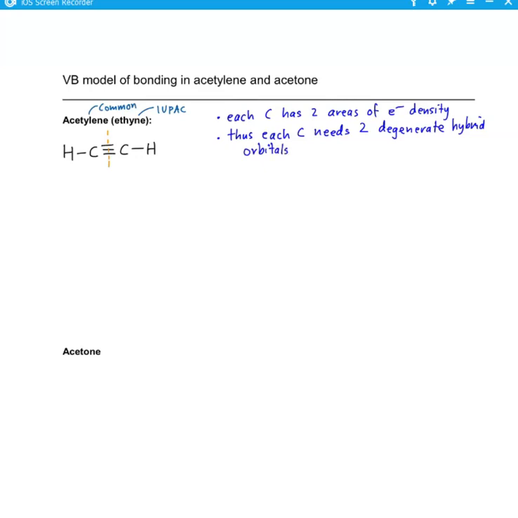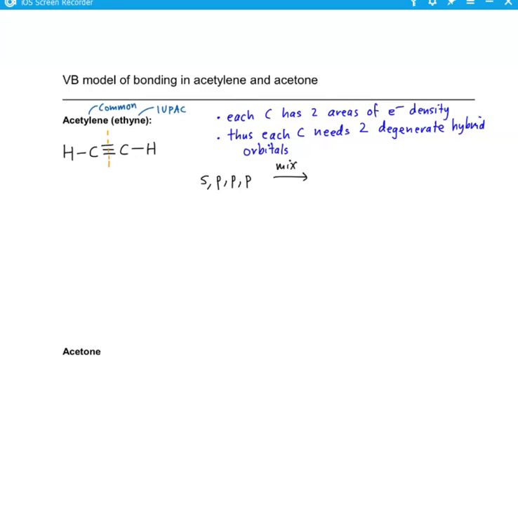So just like we did before for the sp3 and sp2 arguments, we're going to start with the basis set, which as always is s, p, p, and p. Those are the valence shell orbitals in an unhybridized carbon atom.